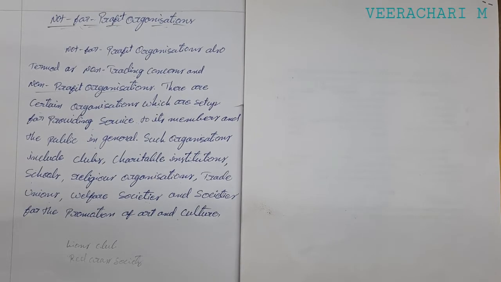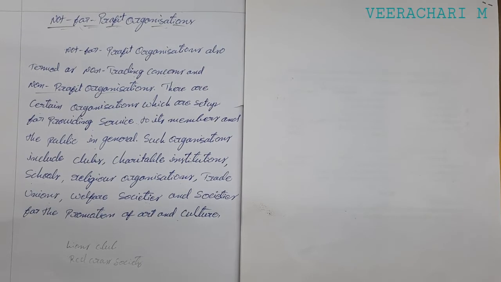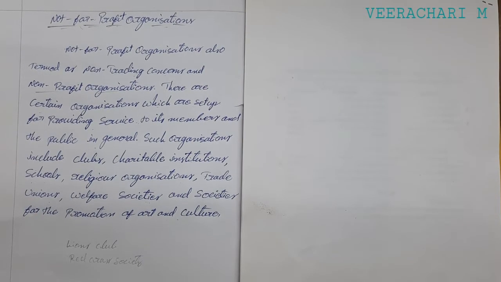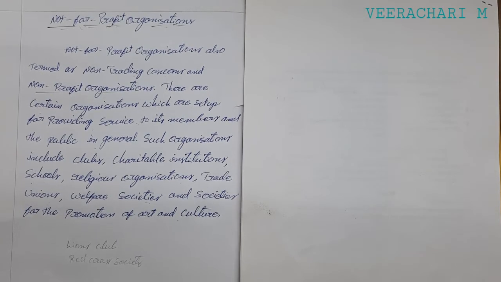If we donate any amount this way, that amount is receipts and income to the non-profit organization.